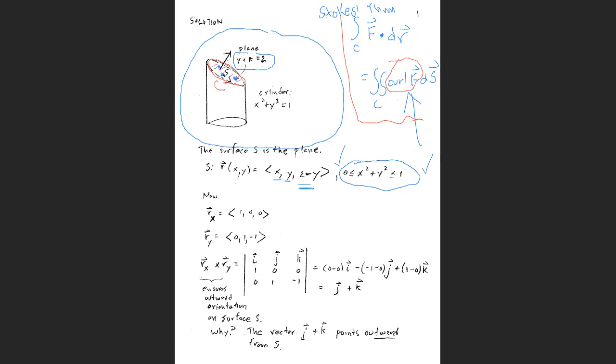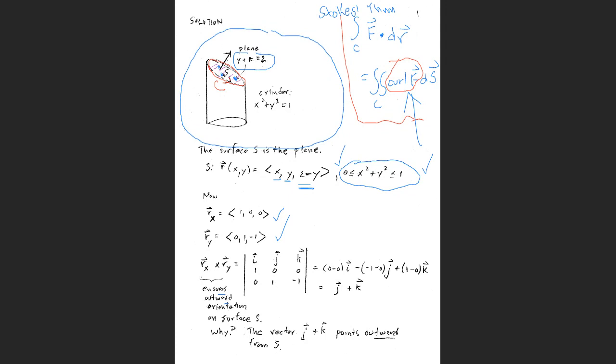So I know how to find a flux integral. I have to get the derivatives of my vector equation, r sub x, r sub y, and take the cross product. If I do r sub x cross r sub y, it ensures that there's outward orientation on my surface. Why is that?